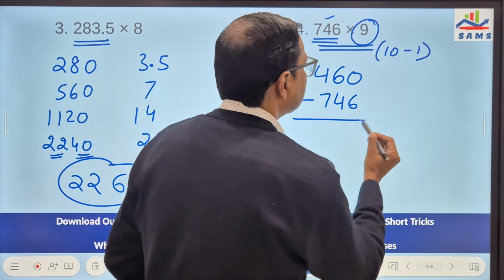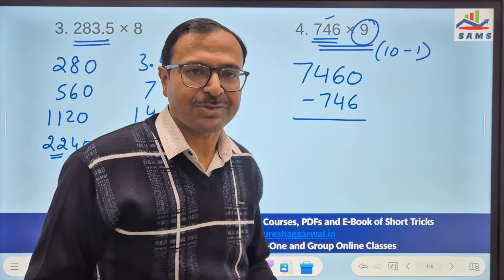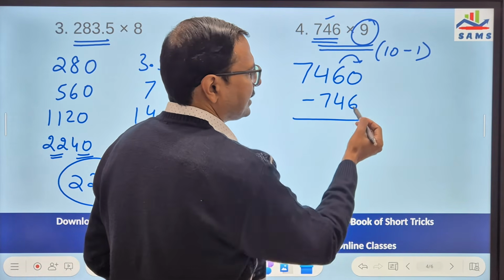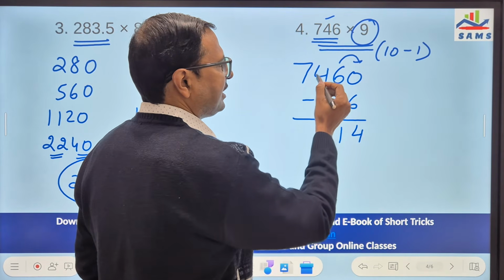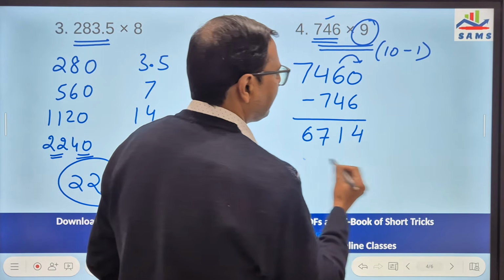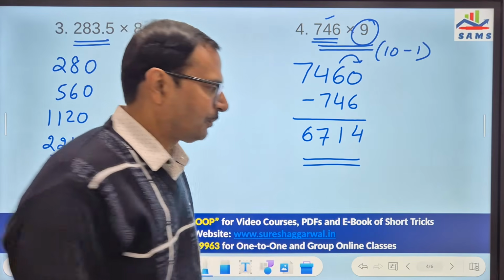So a problem which was of multiplication is now a problem of subtraction. So how do I do this? Again, the borrow method. 10 minus 6 is 4, 5 minus 4 is 1. So we have 74 minus 7, which is 67. So 6714 is the product of 746 by 9.